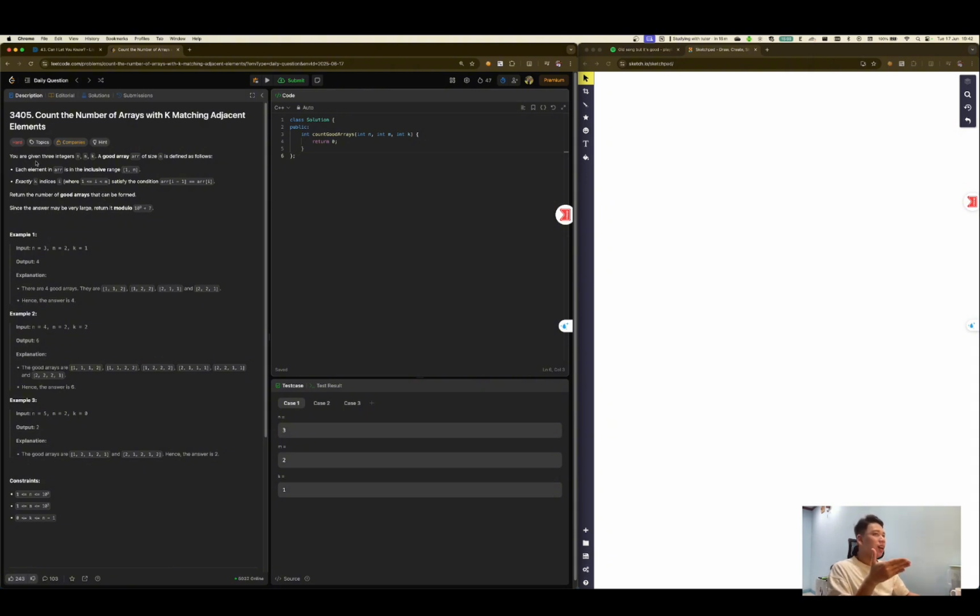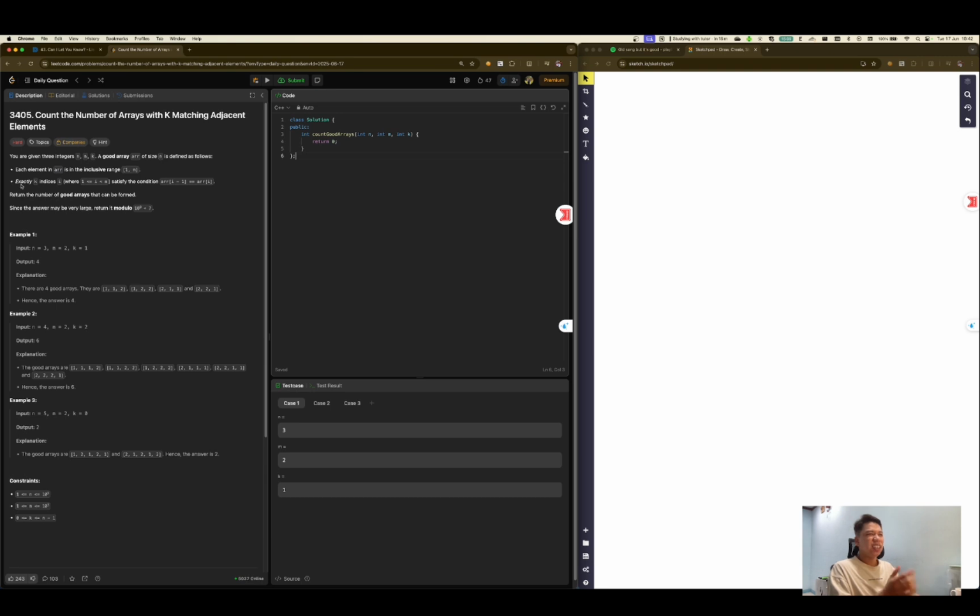The statement gives us three integers n, m, and k. A good array of size n is defined as each element is in the inclusive range from 1 to m. That's easy to understand.